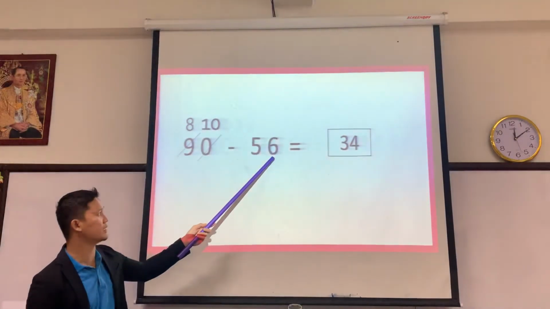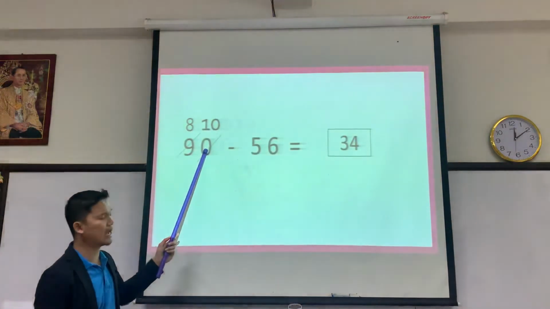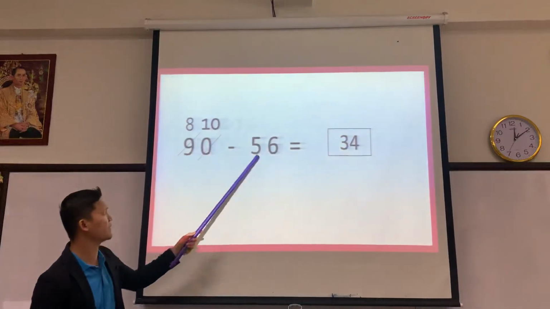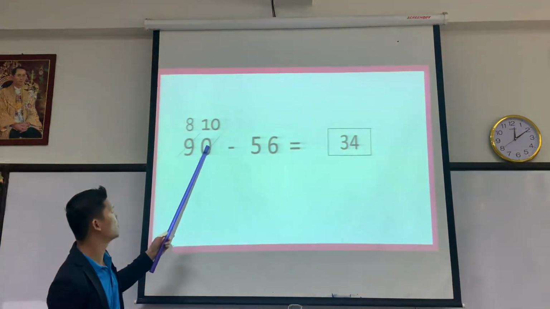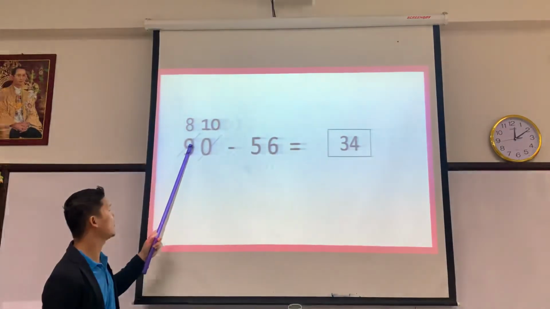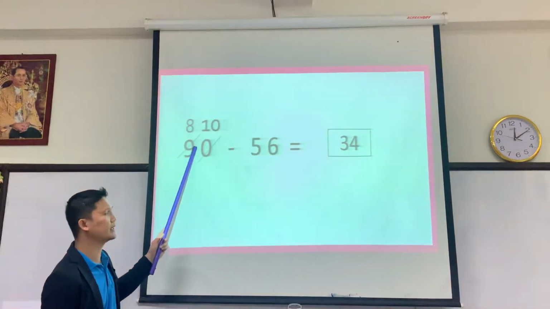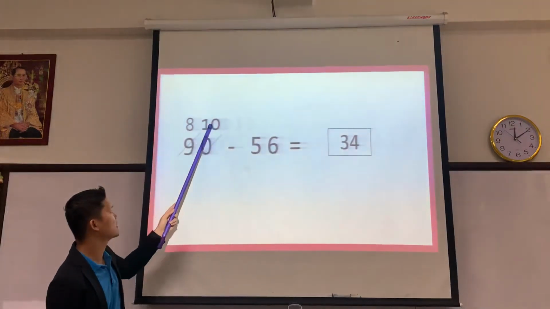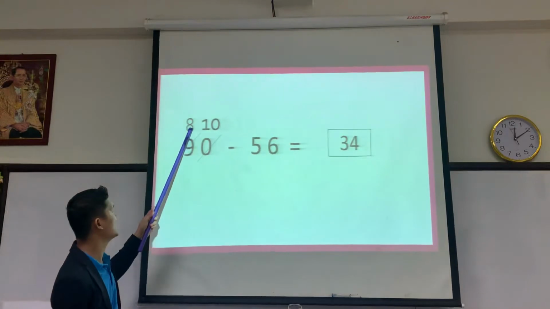How can we subtract 6 from 0, because there is nothing here? What we have to do is borrow from the tens number, from the number 9. So this number becomes 10, we cross out the 9, and it becomes 8.